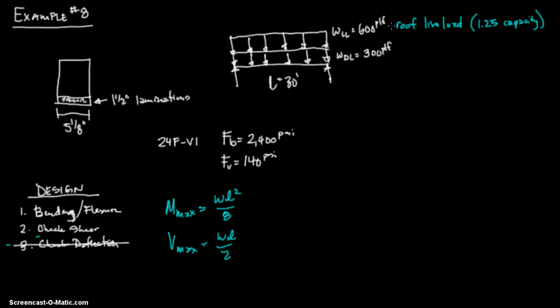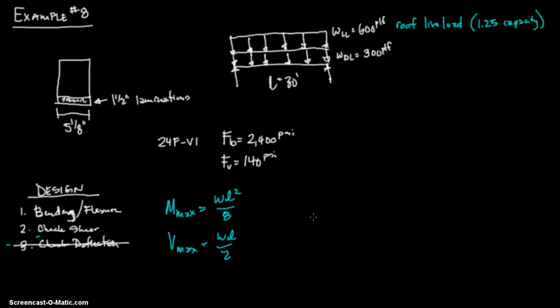But since we have this 125% capacity if you have live load, we have to separate these out. You have to figure out your max allowable for dead load only, and then your max if it's with live load at 125%.